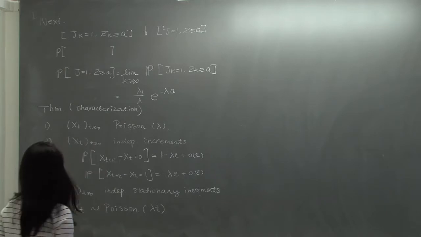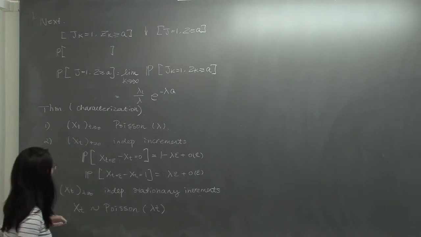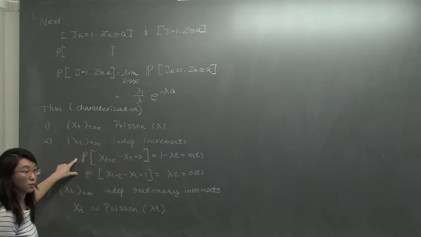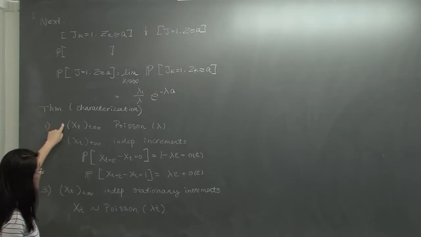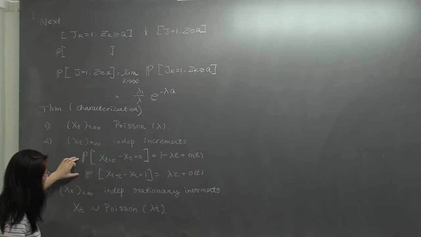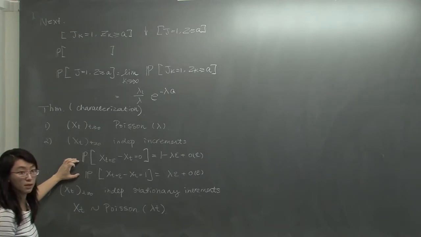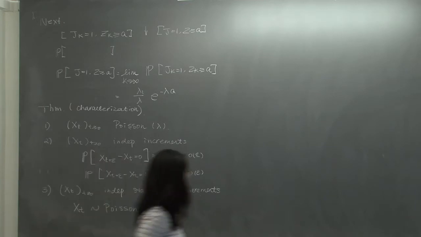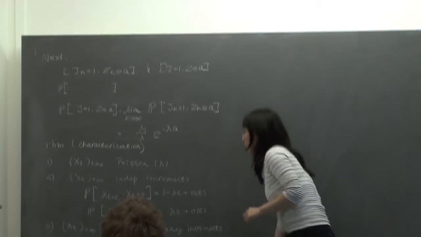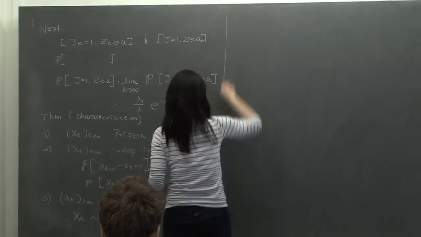So the conclusion is these three statements are equivalent. Here we can see that the second one is the easiest to check. In order to prove that Xt is a Poisson process with intensity lambda, first we need to check it has independent increments. Second, we only need to calculate these two probabilities and see how they decrease as epsilon goes to 0.